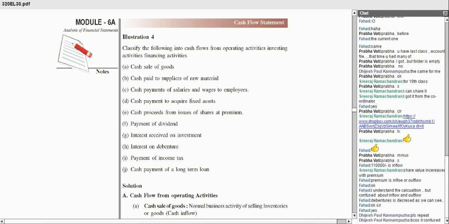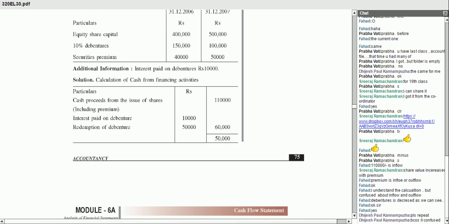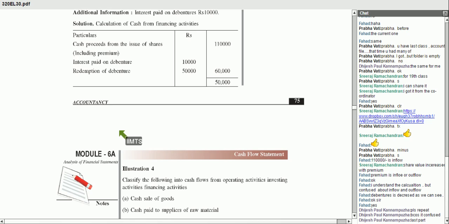It's confusing because you have to practice. Let's take a look at one more example. I can try to clear it.